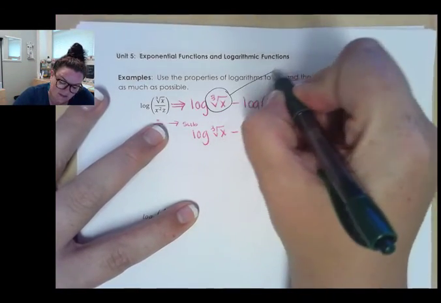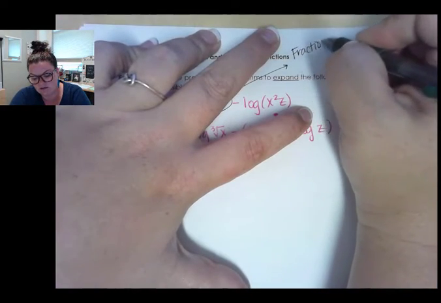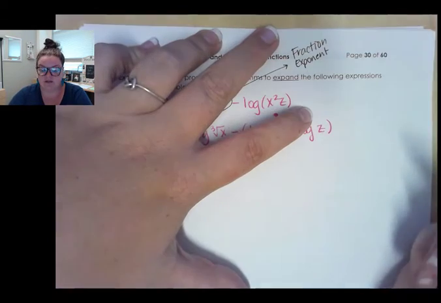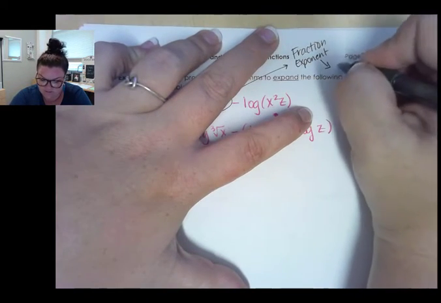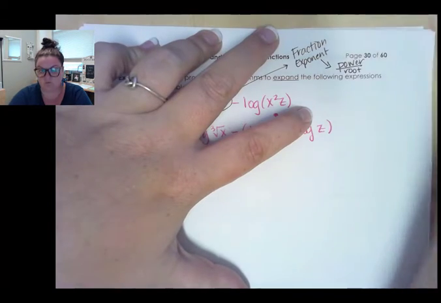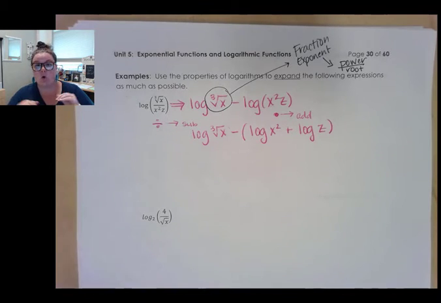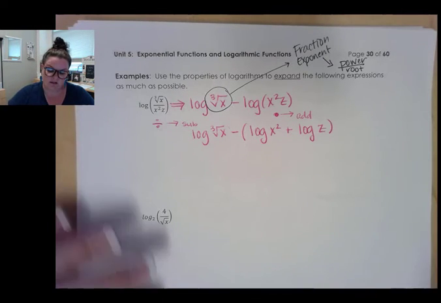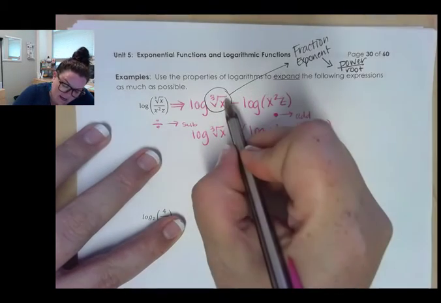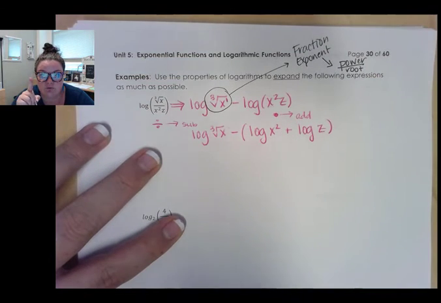When we have something like this, we can change this to a fraction exponent if we look at it in terms of its power over the root value, or over the index. Power over root. So if I look at this, I have an x that I have to the first power, right? I only have one x under that cube root.